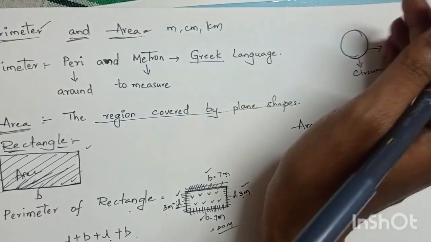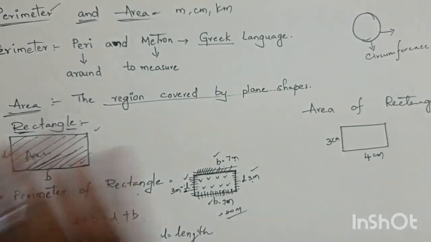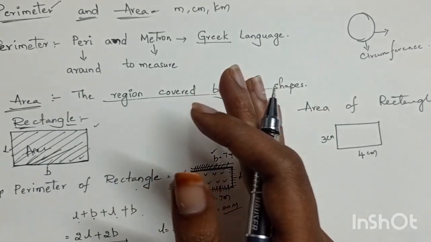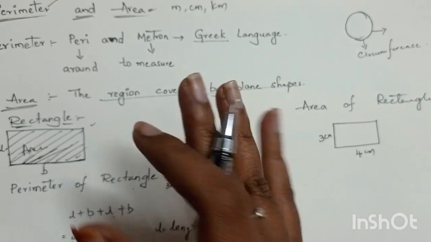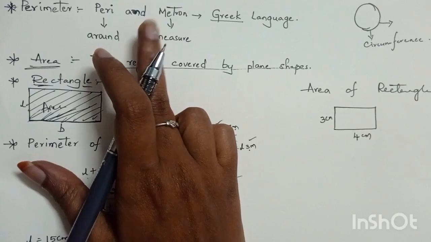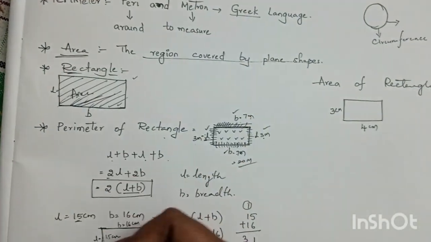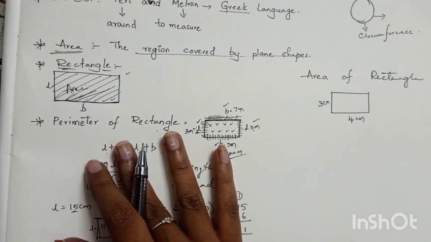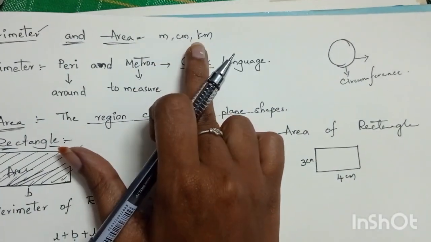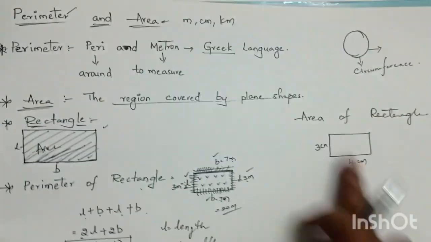They cannot be measured in grams and kilograms, or in liters and milliliters. It doesn't make sense to use liters, milliliters, kgs or grams. Why? Because here we are measuring length or height of a particular thing, so it will come only in meters, centimeters or kilometers.